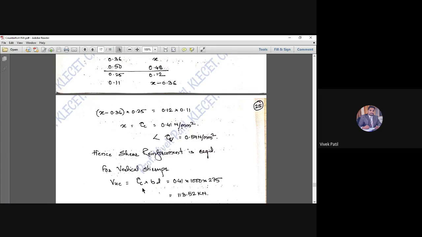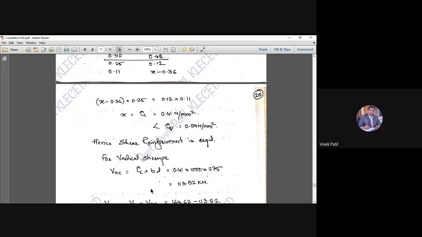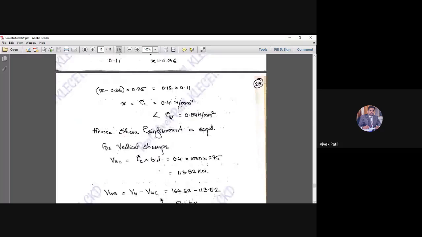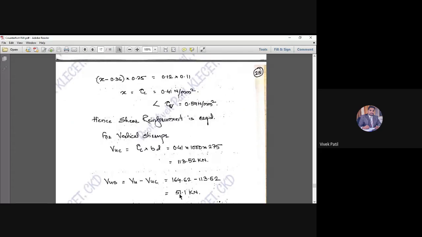How will we be calculating VUS? VU minus VUC, so VU minus VUC will do. What is the value of VUS now? VU is 165 point something, and VUC I think is 112.75.